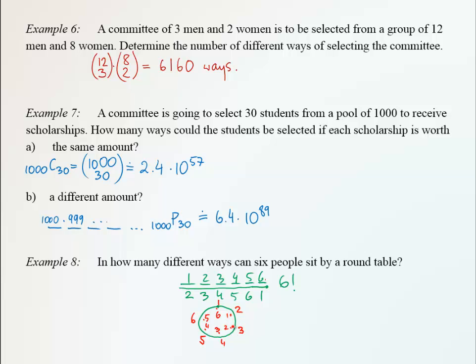And if we move the 1 to a different spot, it will still be the same, because what matters at a round table is who the neighbors of a particular person are. It doesn't really matter where we start. Therefore, every 6 permutations will have to be considered as one and the same. So we need to divide 6 factorial by 6, and we end up with just 5 factorial. So as soon as we place the first person, the rest of them can permute to create different permutations, but not the first one. Therefore, it's actually 5 factorial, not 6 factorial.